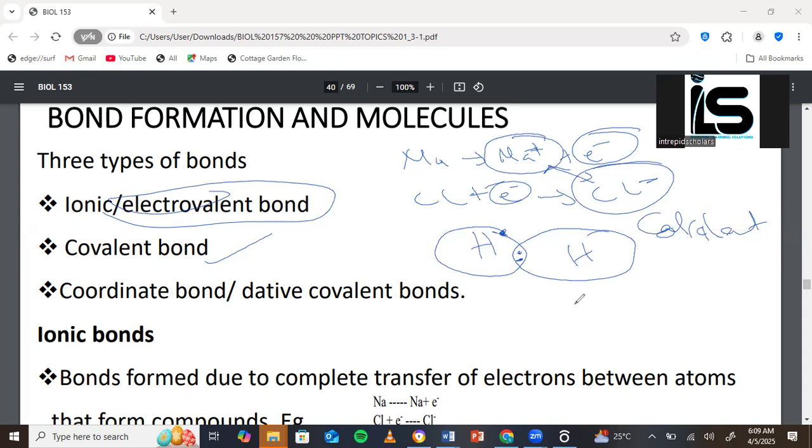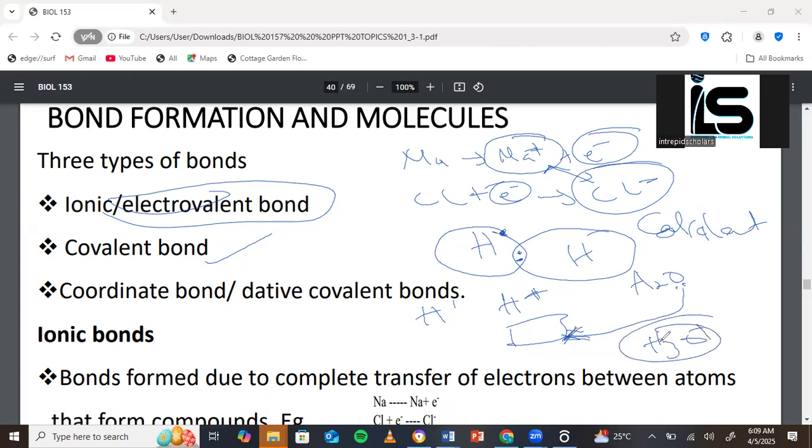Now, the last one is the coordinate covalent bond. A coordinate covalent bond is also sharing, but in this particular sharing, one of the species will come with an empty orbital. So something like H plus. Normal hydrogen has only one electron, but H plus has lost the electron, so it has an empty orbital. And then something like water: the oxygen in water has lone pairs. So the lone pair, the two electrons, can be contributed to the empty orbital to form H3O plus.